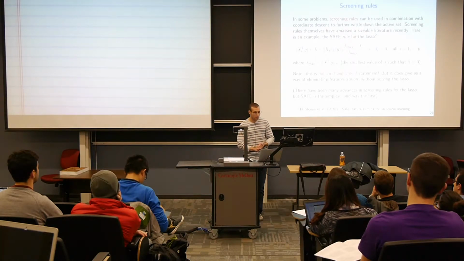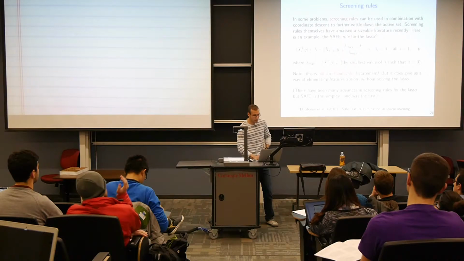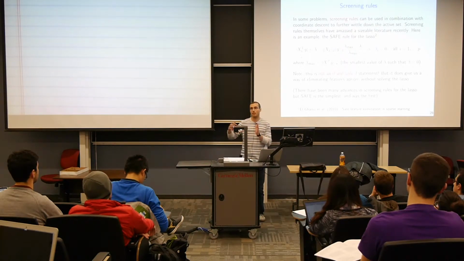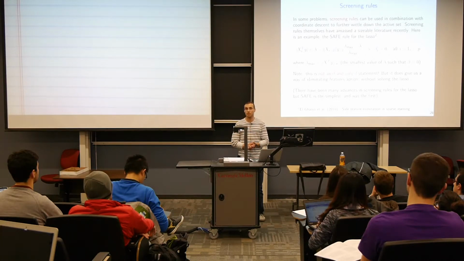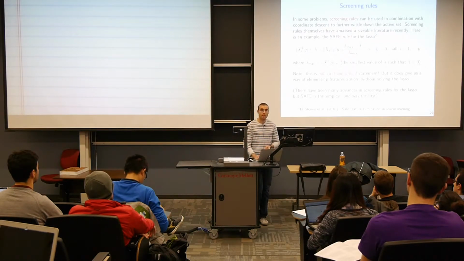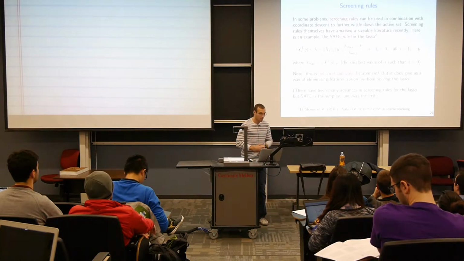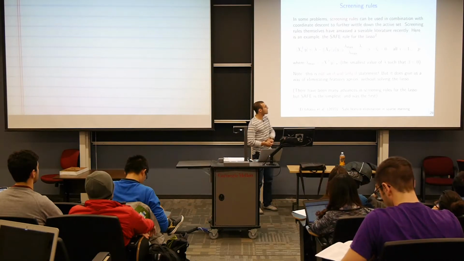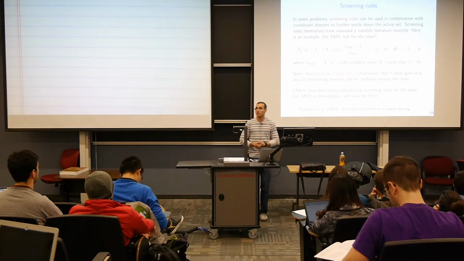This can provide a big savings computationally because I'm effectively after this point just using an X matrix with fewer columns. I'm just not even passing those columns into the optimization problem because I know that at the solution, beta hat I is going to be 0. There have been many advances in screening rules for the lasso. So now they look a lot more complicated than this. But this was the simplest and it was the first, so I wanted to share this one.